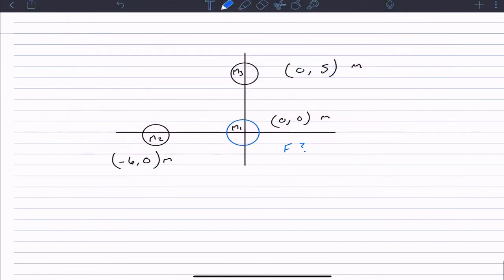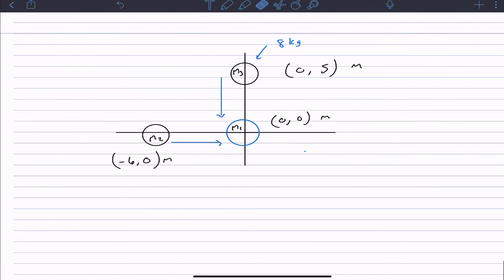So that means we need to calculate the gravitational force between these two, and between these two. M1 is the most massive sphere in between both of them, because M3 up here is 8 kilograms.